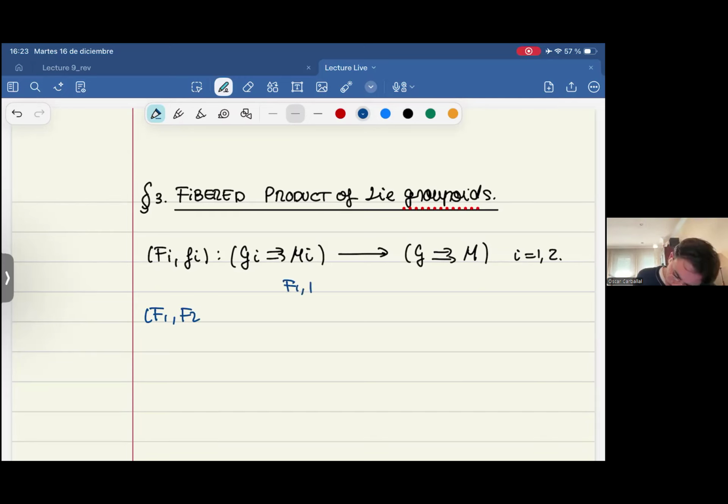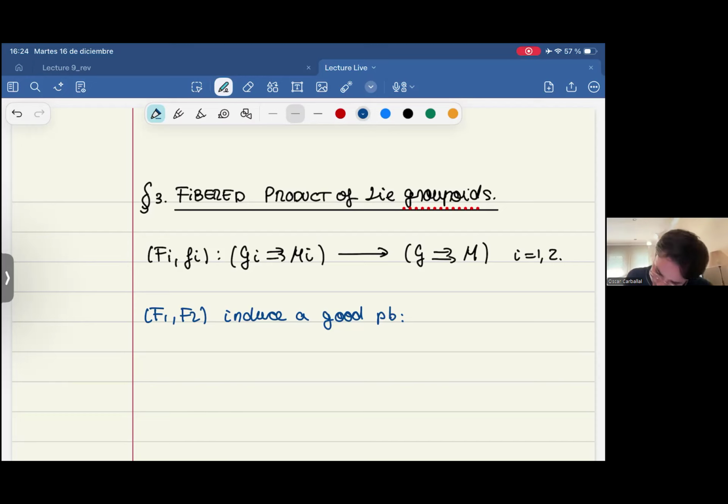Recall that a morphism of Lie groupoids consists of two maps, one map between the manifolds of arrows and another map between the objects, right? So suppose that the maps between the manifolds of arrows, the ones with capital F, induce a good pullback.